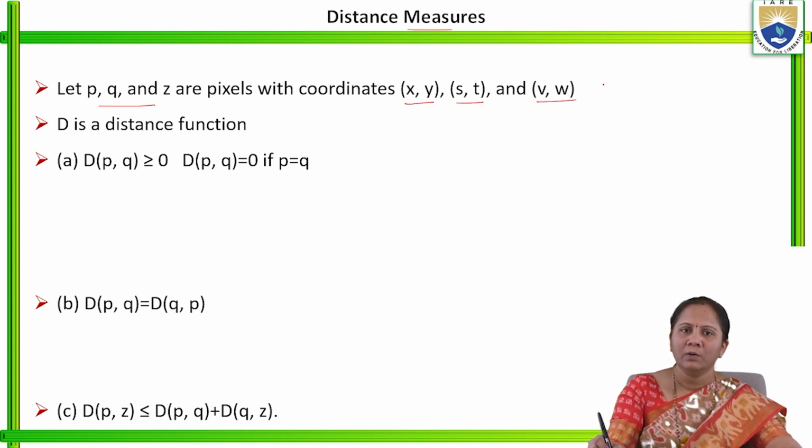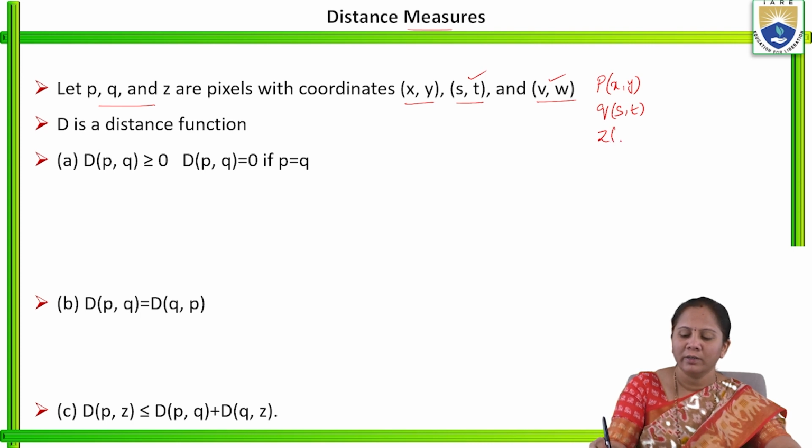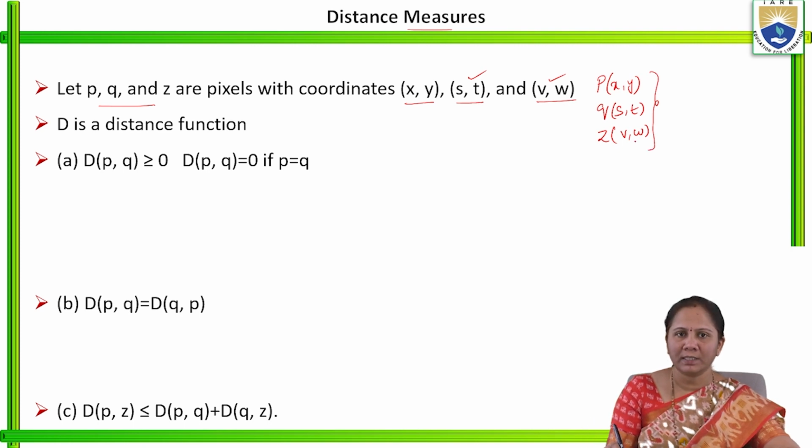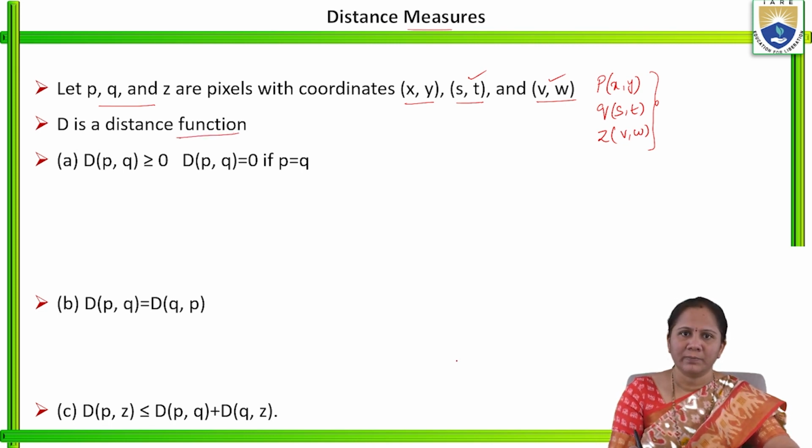So one pixel is P, another pixel is Q and another pixel is Z. The coordinates of pixel P are X and Y, the coordinates of pixel Q are S and T, and the coordinates of pixel Z are V and W. Let us consider these 3 pixels with their respective coordinates, and see how to measure the distance.